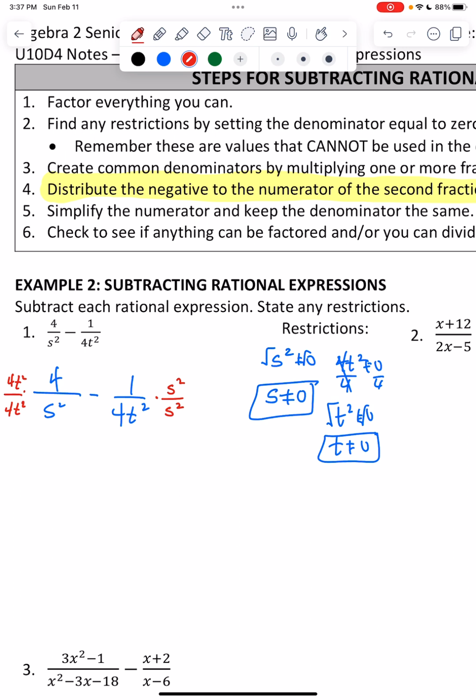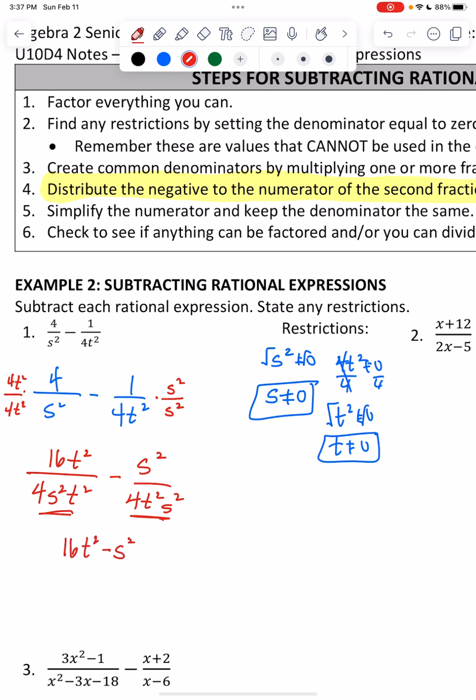So we multiply, and we would get 16t squared over 4s squared t squared minus s squared over 4t squared s squared. Okay? And now, since again they have the same denominator, we can go ahead and combine the tops. So we go 16t squared minus s squared over 4s squared t squared.